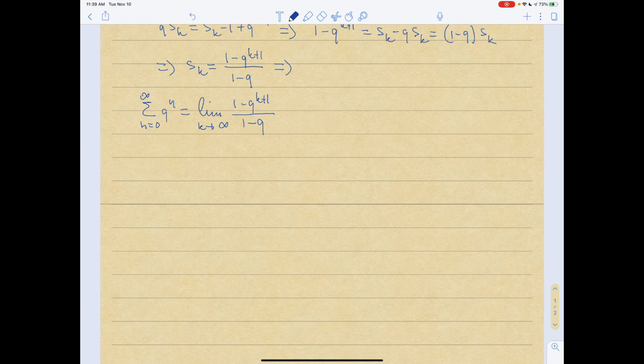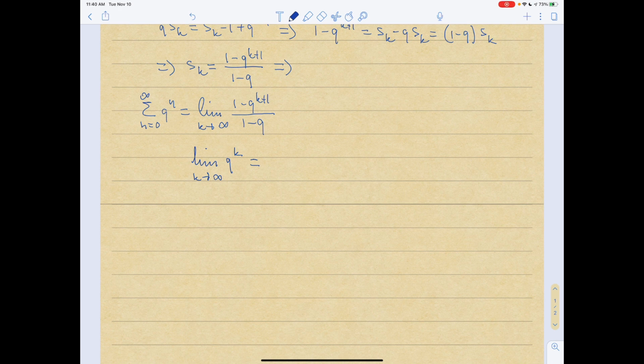So what we know is this: if I take the limit when k goes to infinity of q to the power k, what should I expect? We have already shown that there are several possibilities here. And that is a theorem from the section on properties of limits.